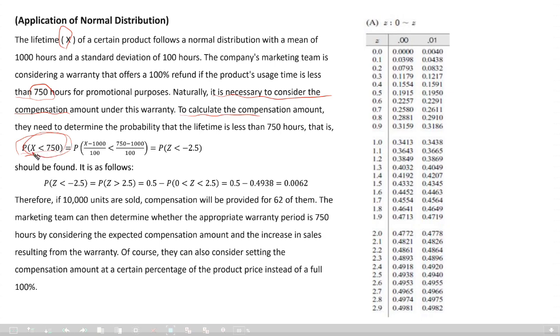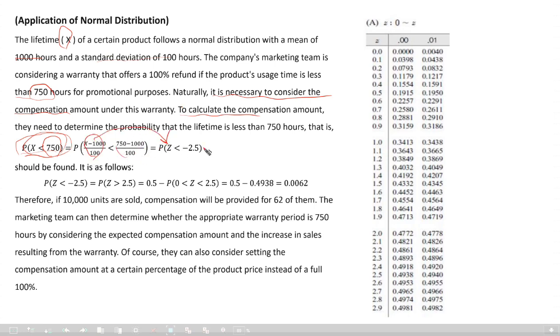So how to standardize x: x minus its mean 1,000 divided by its standard deviation 100. Then on the right-hand side, you have to do it the same way, 750 minus 1,000 divided by 100. The left side is going to be g, right?